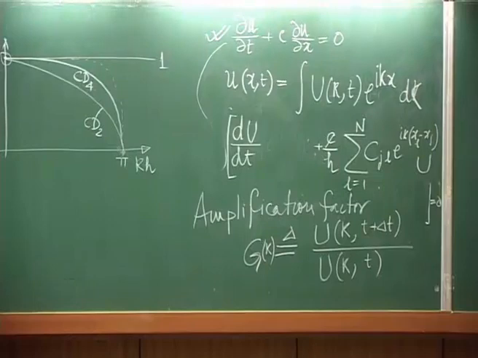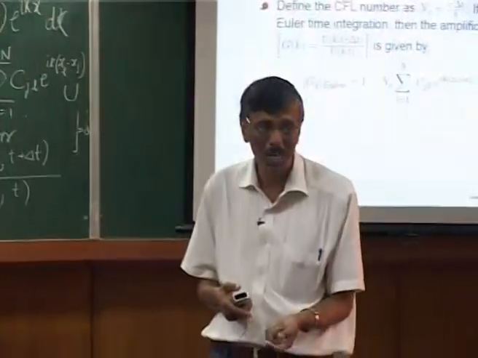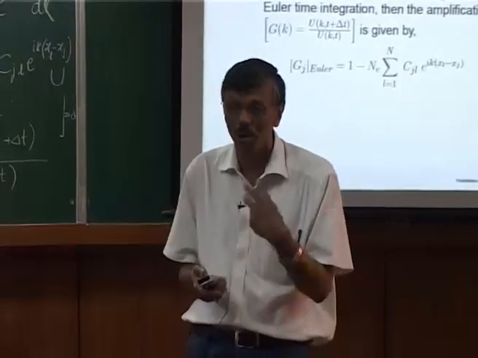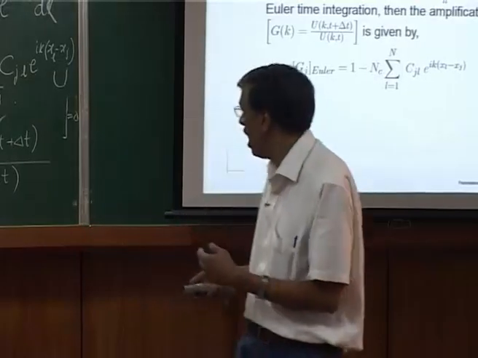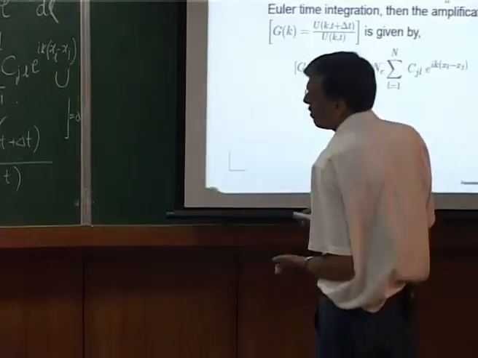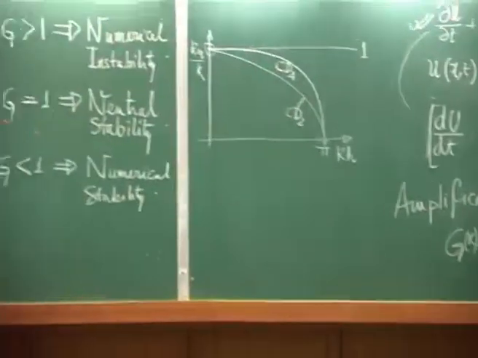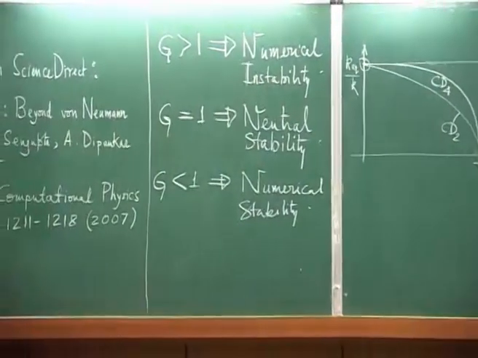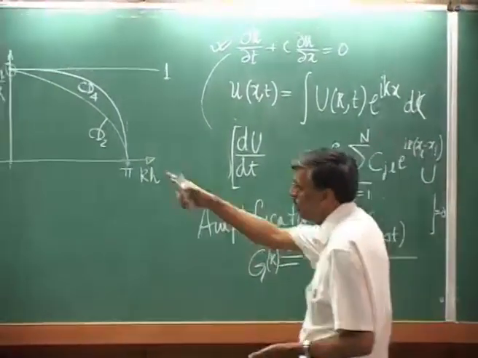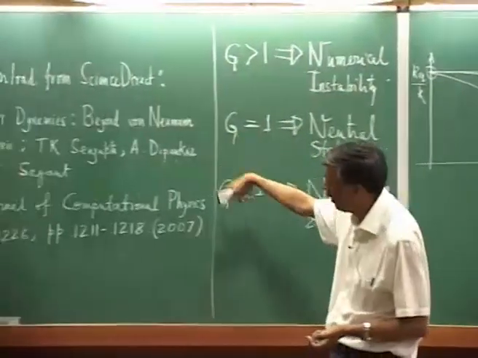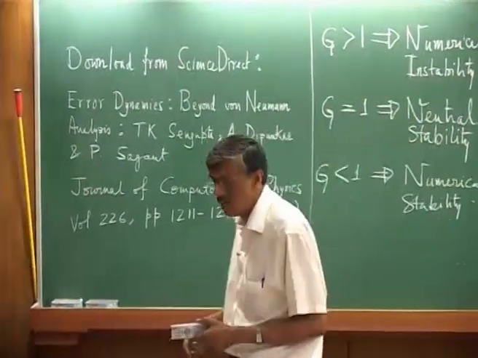When I come to discussing parabolic partial differential equation, I will specifically pose a physical problem, and I will talk about its physical instability and then relate that with the numerics. However, irrespective of any equation that we are looking at, this is what we want. We should always aim for neutral stability. That is our ideal limit. Okay? Please do download this paper. This will have all these discussions given in a little more detail.